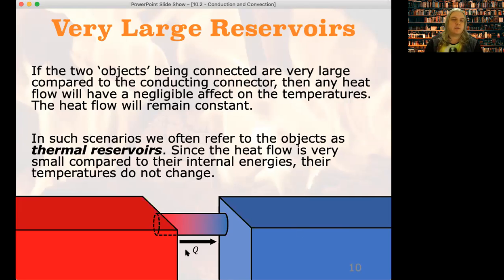So even if this runs for a little while as we watch it, the energy of the hot one has not gone down enough to noticeably change the temperature. And likewise, the energy of the cold one has not increased enough to noticeably change the temperature. But if we watch this little connector, we will see heat flowing through it.